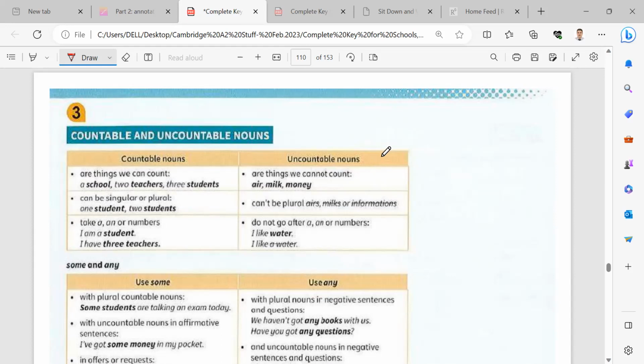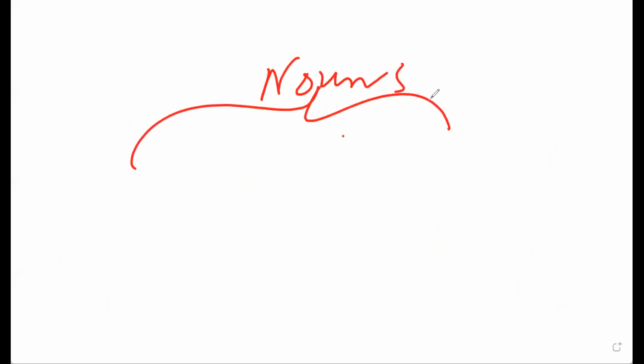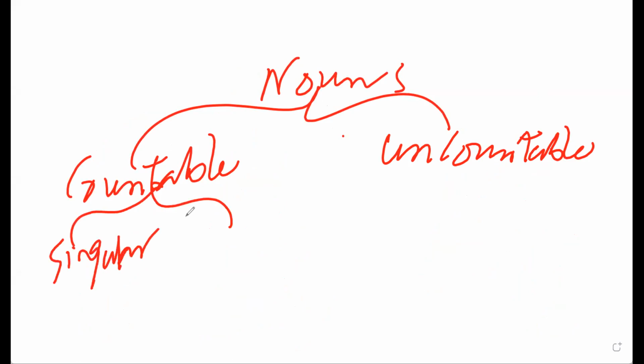And like water. Okay. So let me stop sharing this. Thank you for your examples here. Nouns: countable, uncountable. Countable may be singular or plural.